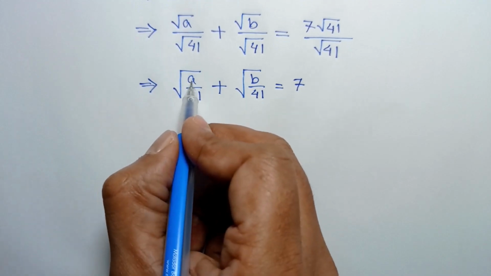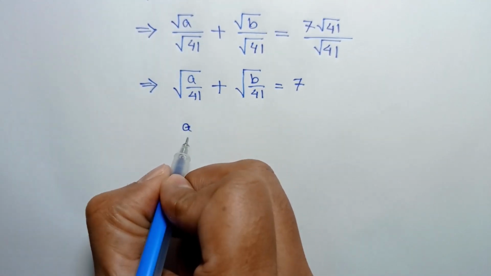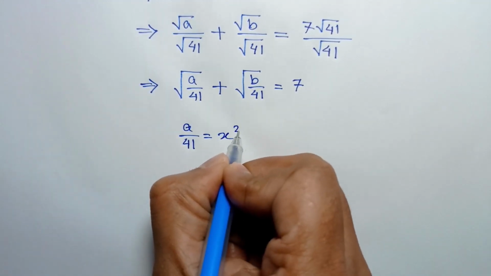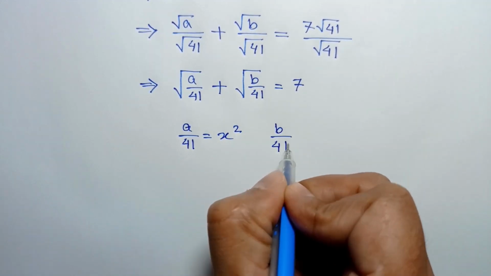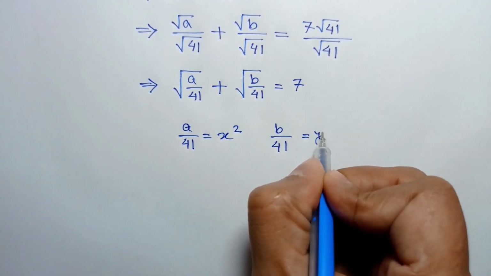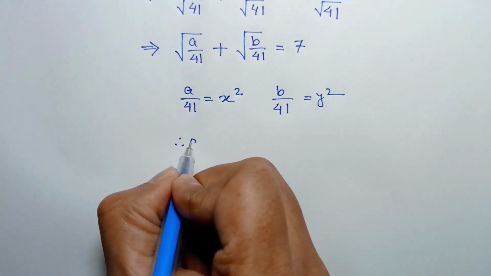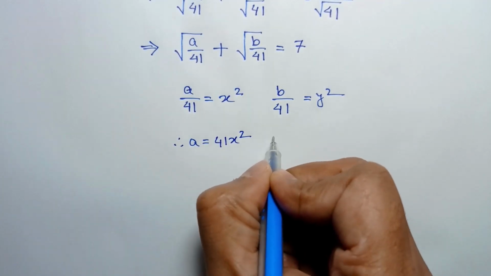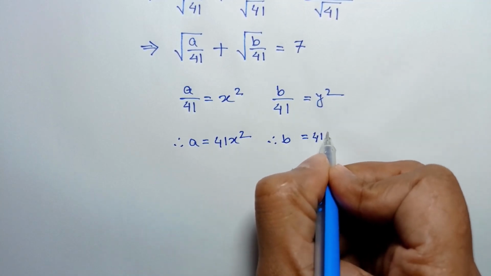Let's consider a over 41 is x squared, and b over 41 is y squared. So we can write a is equal to 41x squared and b is equal to 41y squared.